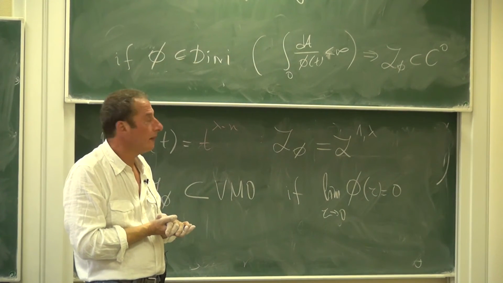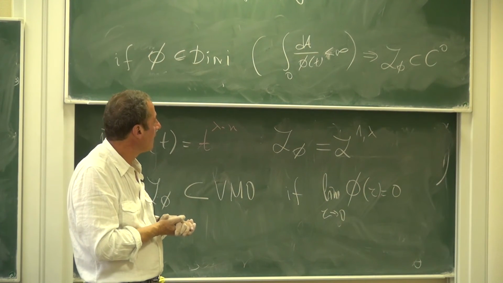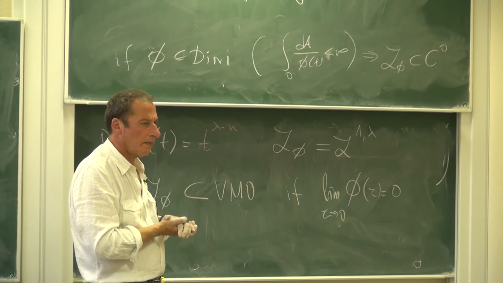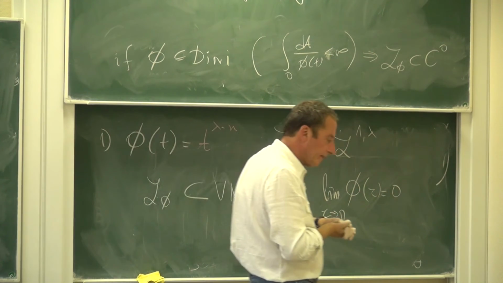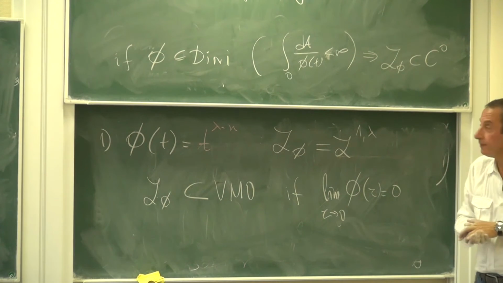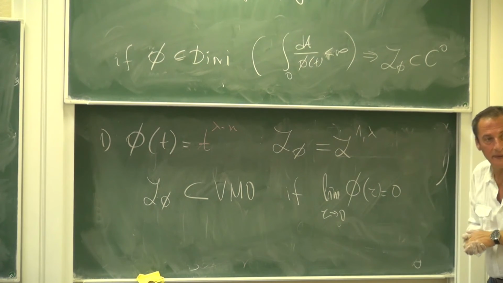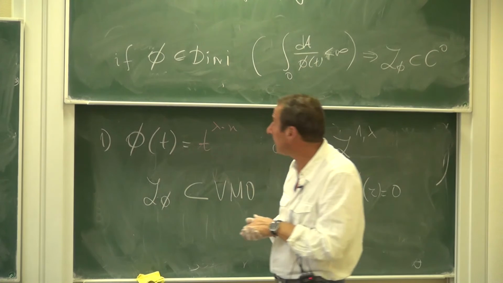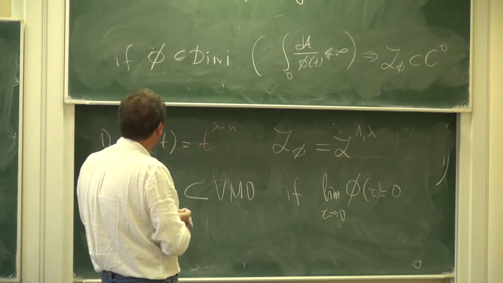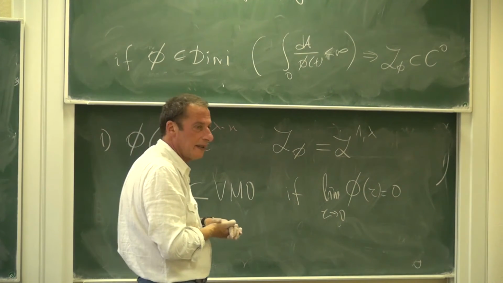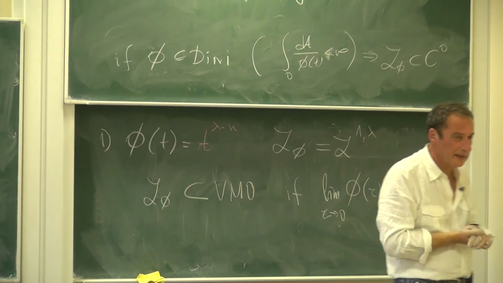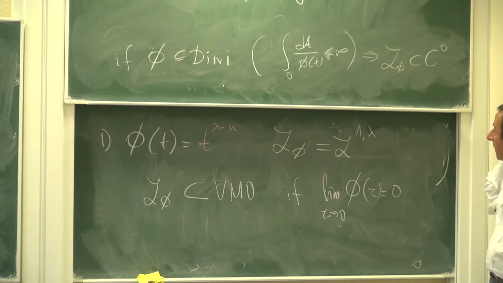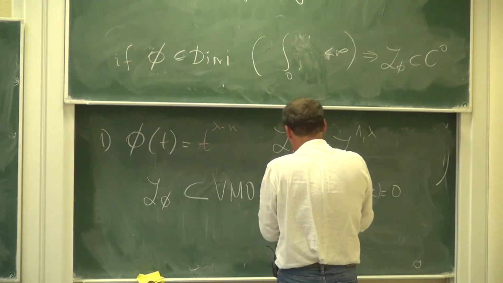I can understand. The smaller phi is, the worse this integral is, and it should be vice versa. So it is phi of t divided by t, of course.